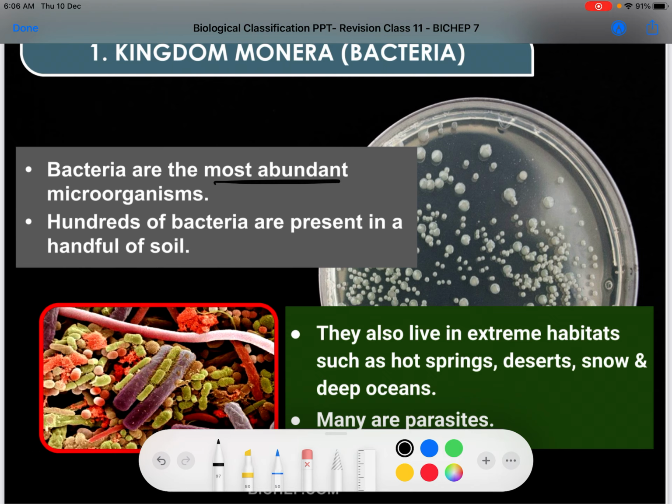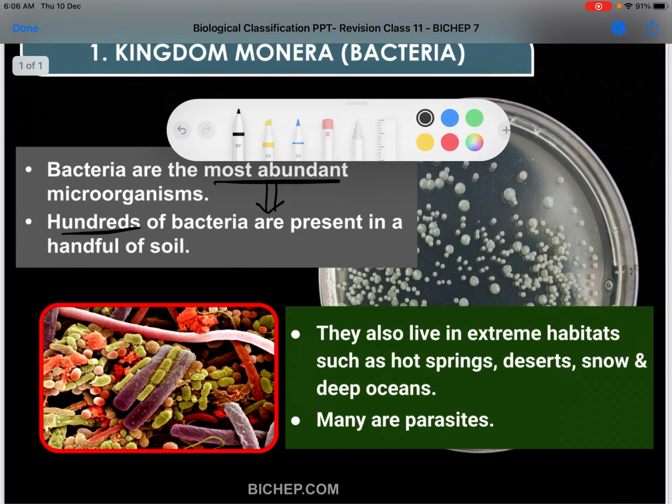So the word most abundant is used because they are found in huge numbers whensoever and wheresoever they are present. For example, hundreds of bacteria are present in only a single handful of soil. So they are huge in number.